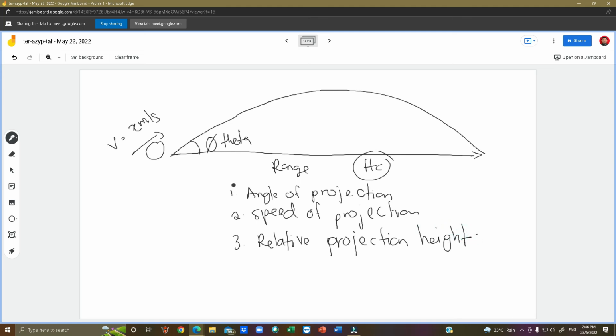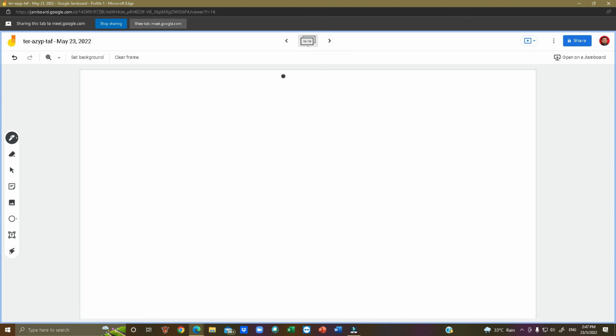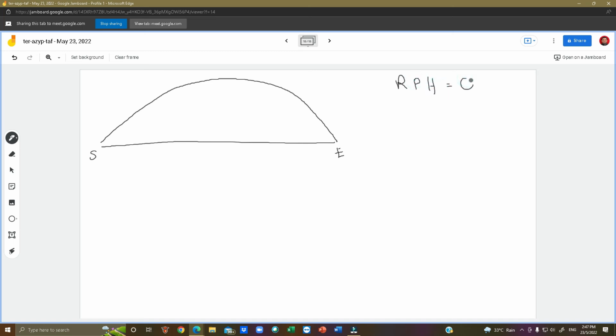Okay, so let's go to the first one. Angle dulu, theta. Okay, pasal kita nak cerita yang pertama ni, kita ada kaitan dengan yang ketiga, relative projection height. In physics, it has been proven that kalau projection kamu projection yang macam ni, projection yang mana starting point and ending point is at a similar level, ini kita panggil sebagai relative projection height equals to 0.